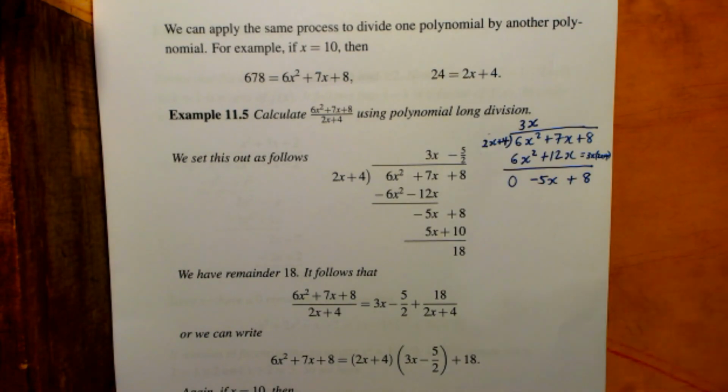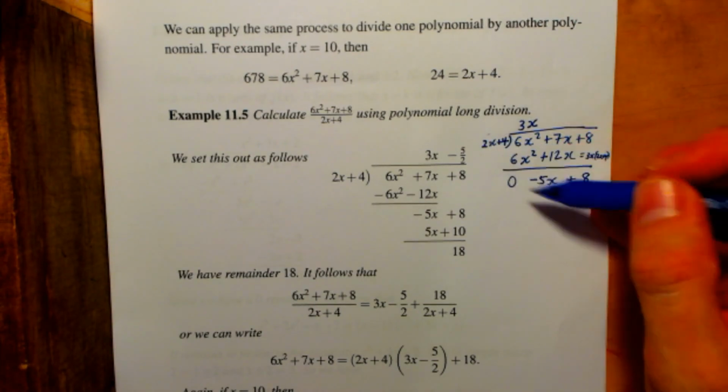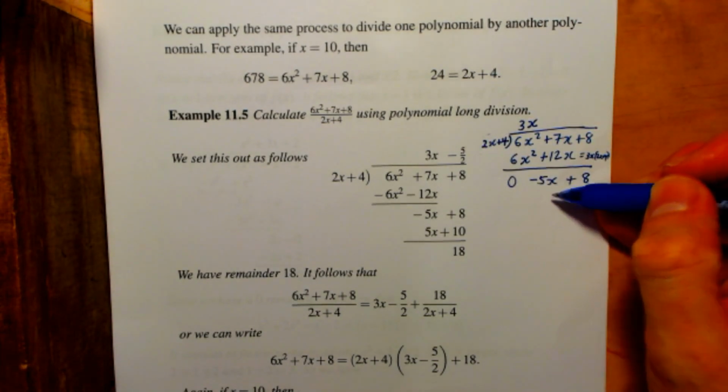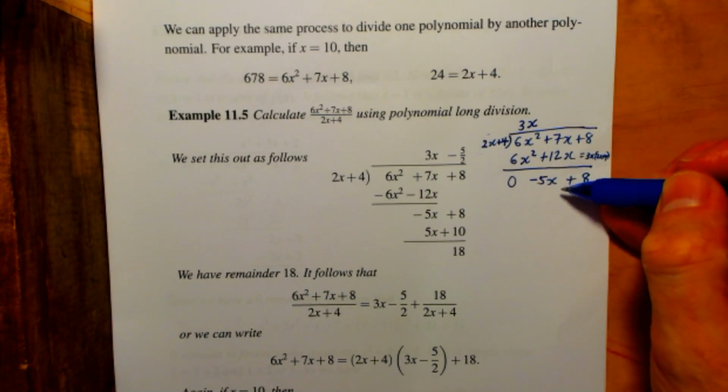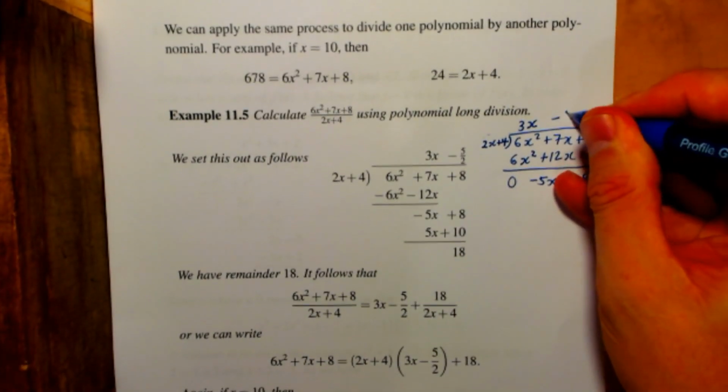I ask the question, what do I need to multiply 2x by in order to get minus 5x? In other words, what is minus 5x over 2x? Well, it's minus 5 over 2.